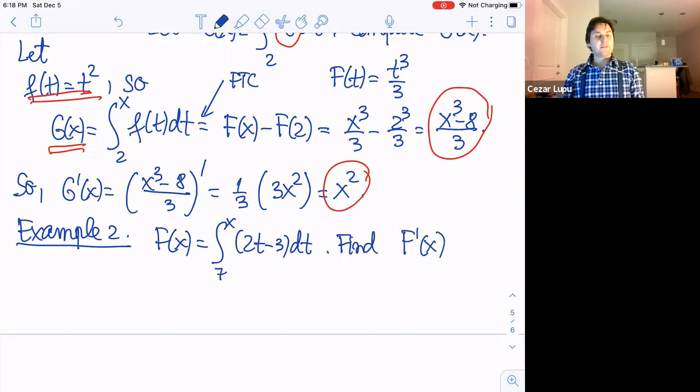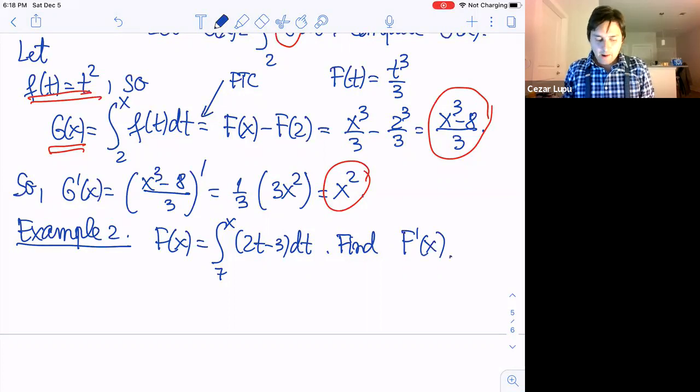Let's see, maybe it is the function inside. Maybe it's 2x minus 3. Or maybe not. We'll see. We should be careful here, because we have the difference of two functions here.